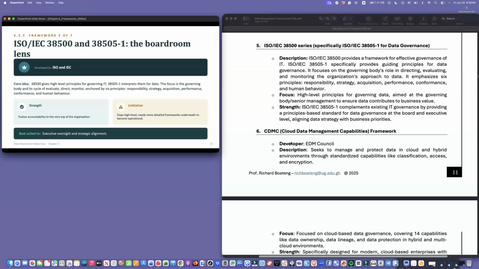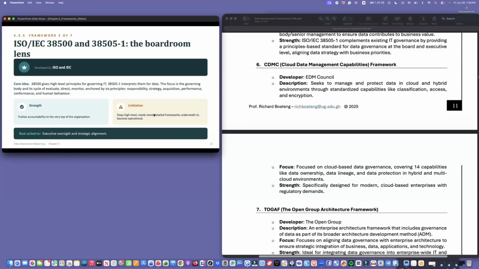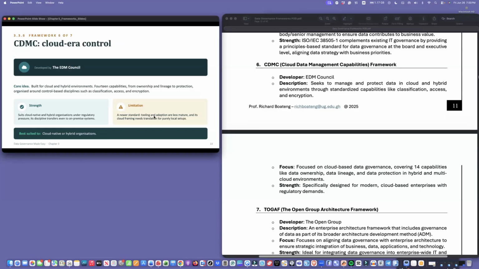Now, the last but one has to do with cloud data management capabilities, done by the EDM. In an era of cloud control, where data becomes cloud heavy, meaning that it is stored in the cloud, accessed in the cloud, and transferred to the cloud, we have to have policies that are cloud focused. Because of that, an organization called the EDM thought to provide the principles to manage and protect data in the cloud.